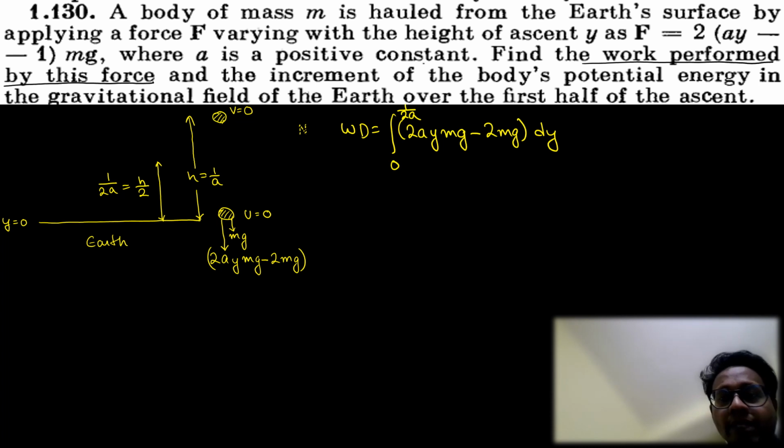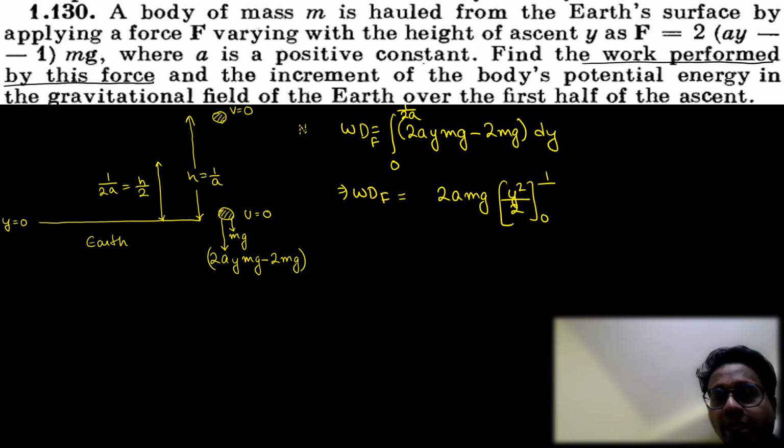Now let's integrate this one. Work done by force is nothing but 2a mg into y square by 2 from y equals 0 to 1 by 2a, minus 2 mg into y from y equals 0 to 1 by 2a.